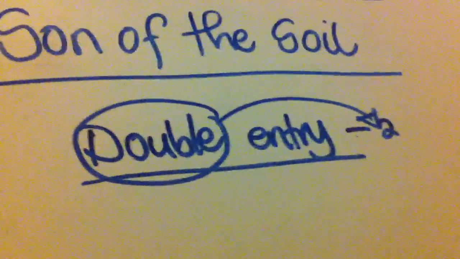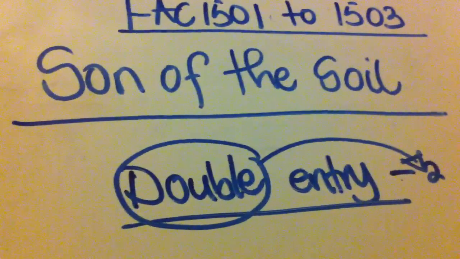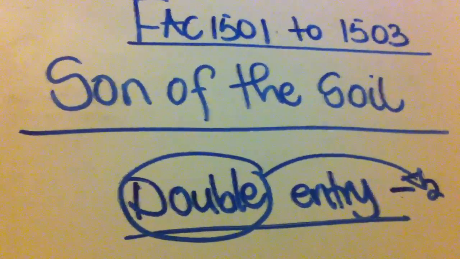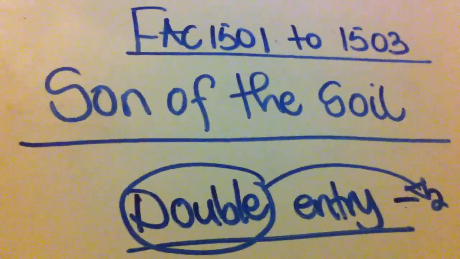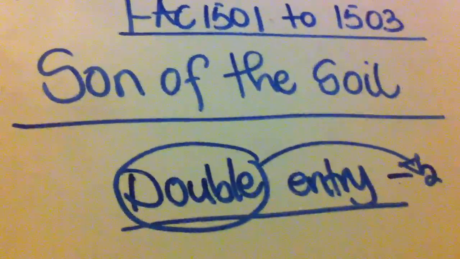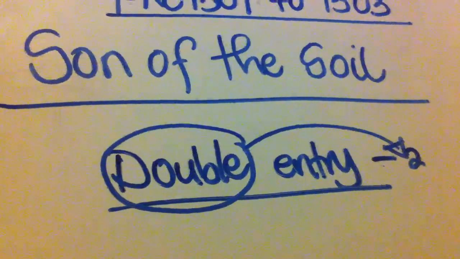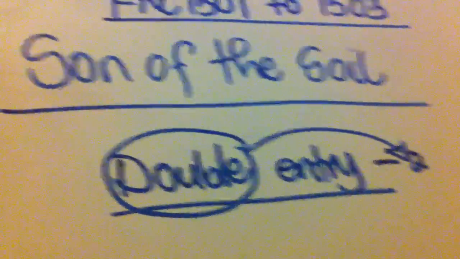So it means everything that we do, we need to do in duplicate, which is, it has two sides, the other side and the other side. The reason why it's supposed to have two sides is because an accounting entry or a transaction is not a single entry.